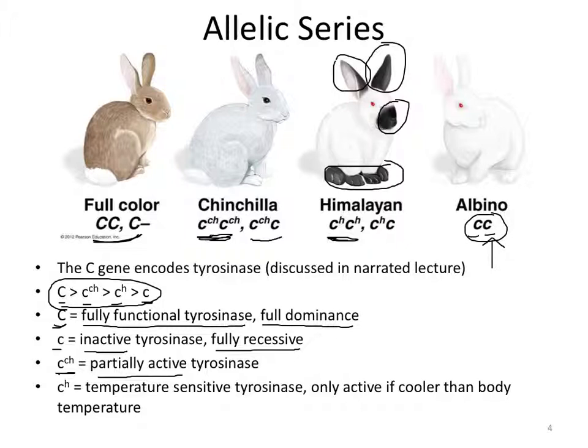You can think of the chinchilla allele as being able to trump, or be dominant to, the Himalayan or the albino allele, and you can think of the Himalayan allele as being dominant to the albino allele, but recessive to the chinchilla and the wild type uppercase C allele. So it's a somewhat complex story, but if you break it down one allele pair at a time, and you understand the molecular basis underlying the story, it becomes a little bit easier to follow.